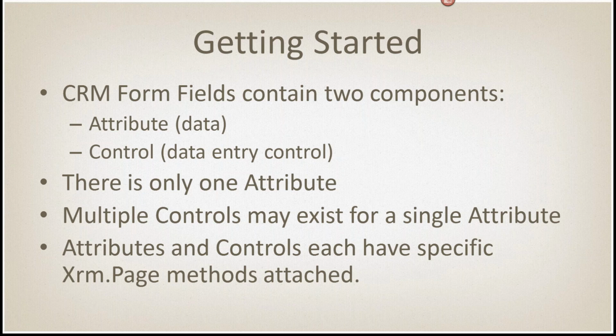Since that is really a bad idea to have two fields with exactly the same data, Microsoft finally gave us the ability to put a control on a form more than once. It's only the same piece of data, it just looks different. So if you make a change in one of those fields, it will make a change to the other field and keep it updated and in sync.